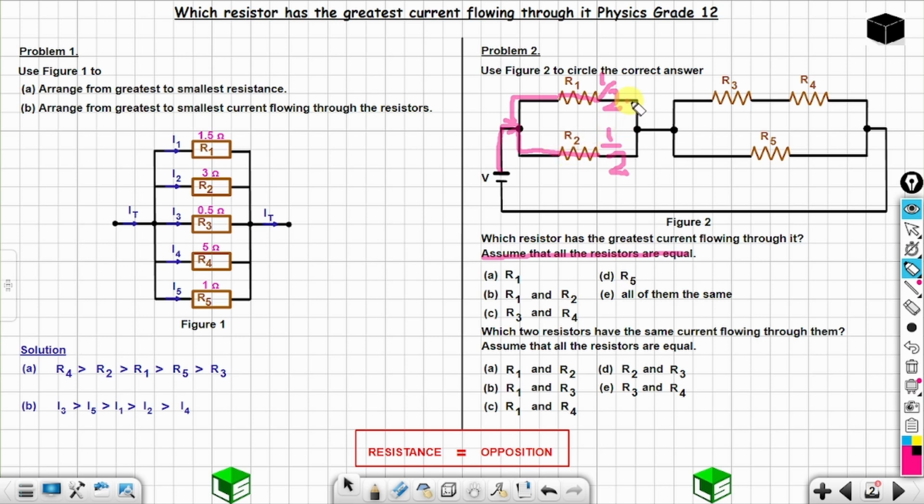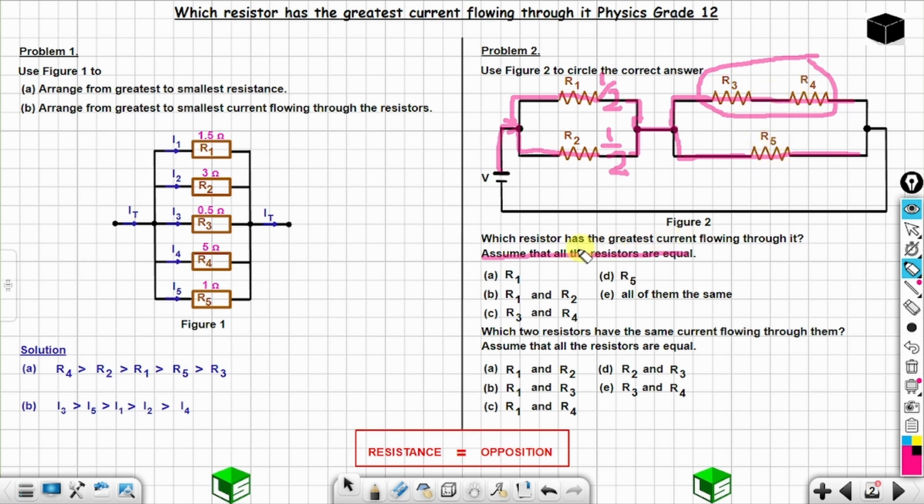So the current will join at this point. You're going to have 100% of the current. This current will split again. Part of the current will flow on this branch, another part on this branch. So you have to convert the two resistors into one resistor so that you can compare.